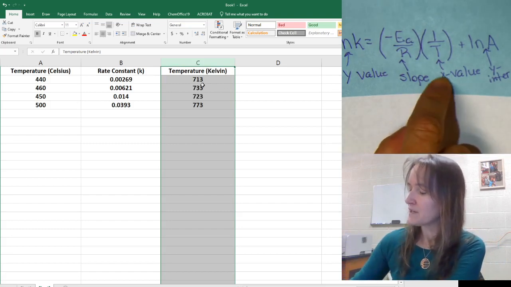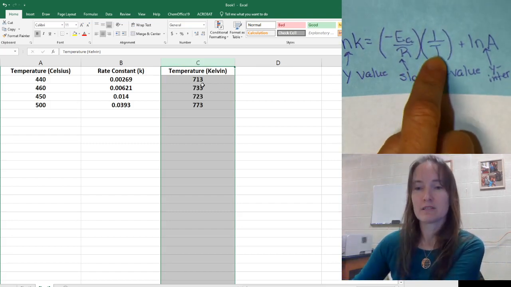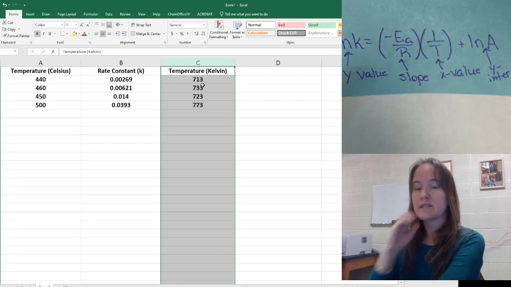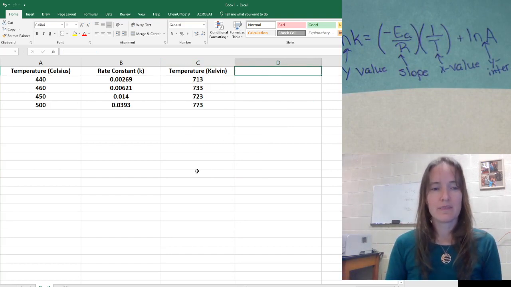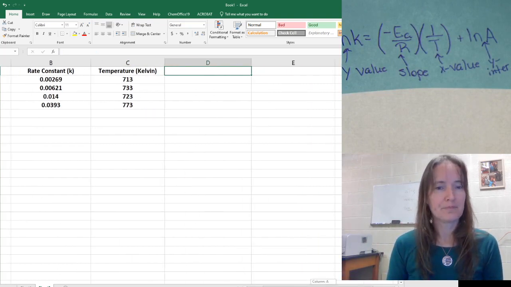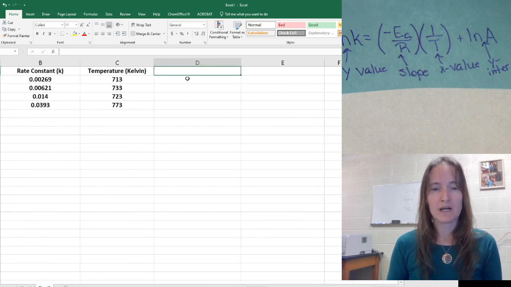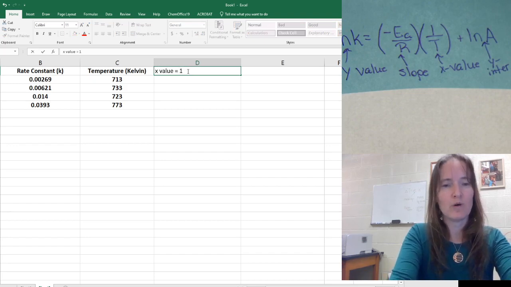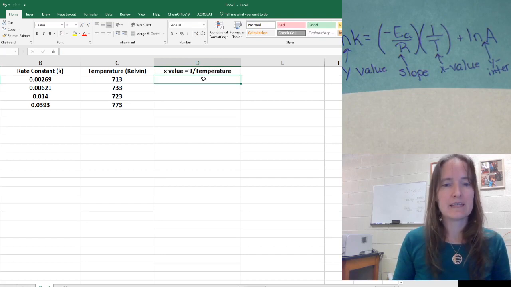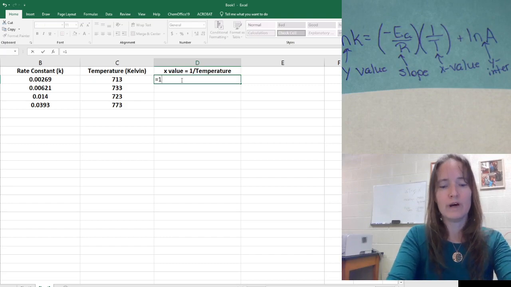What I want is the Kelvin temperature as an inverse, and that's going to be my X value. Since my X value is not quite ready, I'm going to create another column, and this column is going to be what my X column is. So I'm going to put X value, and the X value is going to be 1 over temperature. For that X value, I want it to equal 1 divided by my temperature.